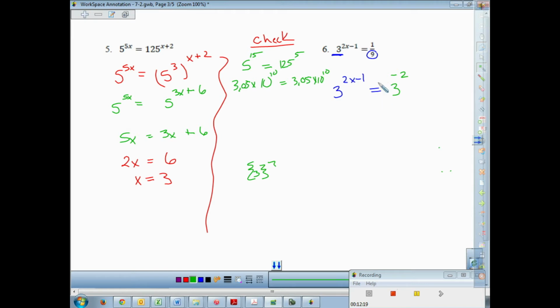All right, so now they're both base 3s. 2x minus 1 equals negative 2. Solve for x. Get x equals negative 1/2.